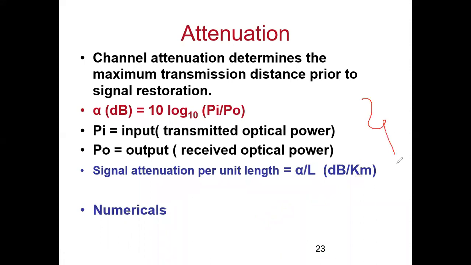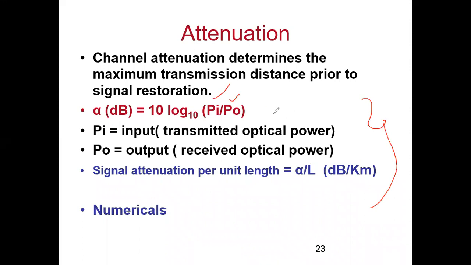But the way they will present the question in the next class, this is like this, that is like that, you will feel what am I supposed to do. Directly P in or P out will not be given. There might be splicing loss, connector loss, or junction loss.